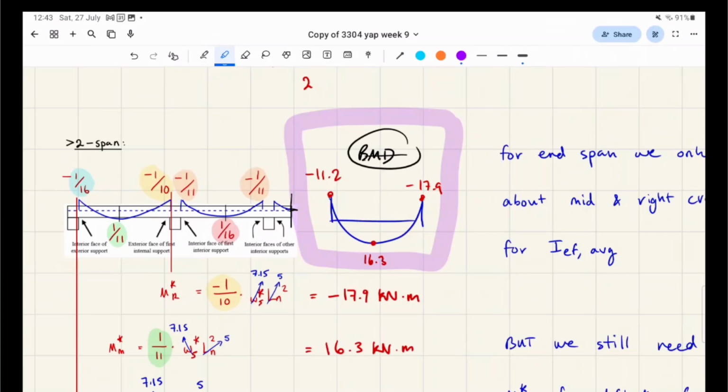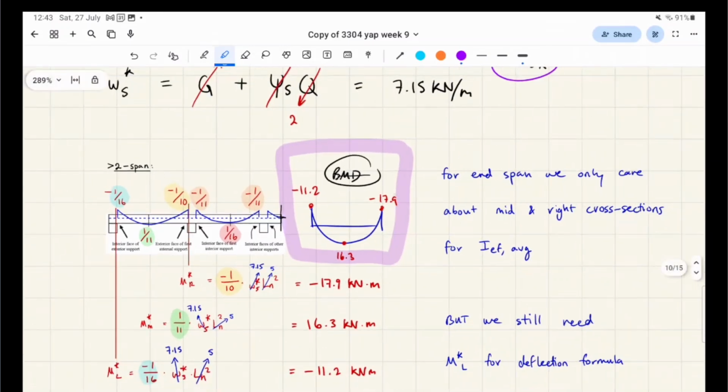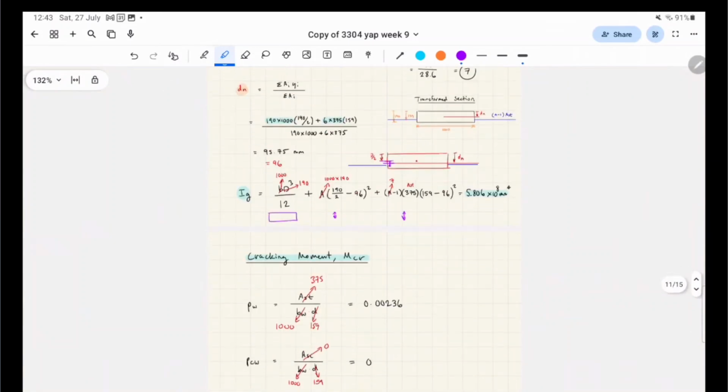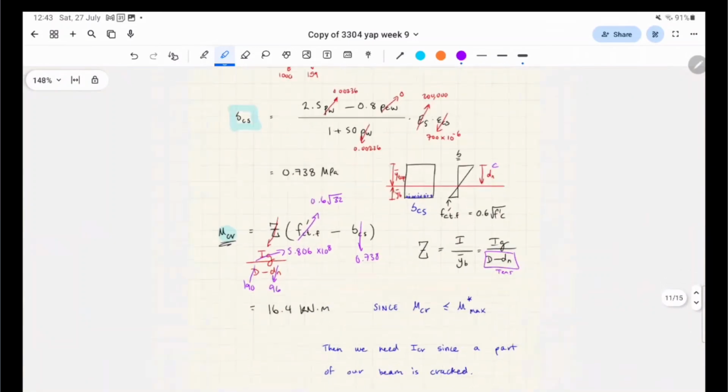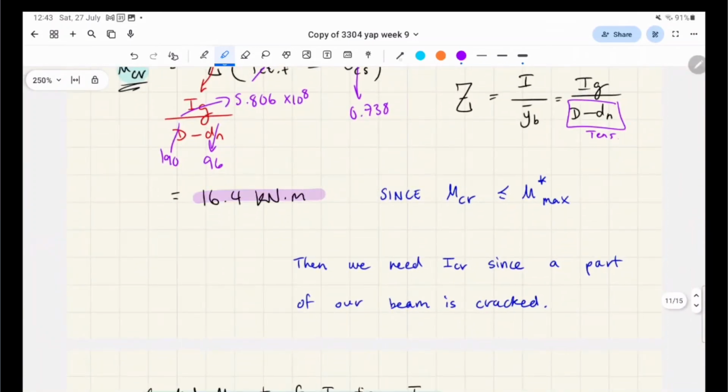As long as anywhere in the beam you have a moment that cracks the beam, like this number, 17.9, as long as this surpasses this value here, 16.4, then you have to calculate I cracked.